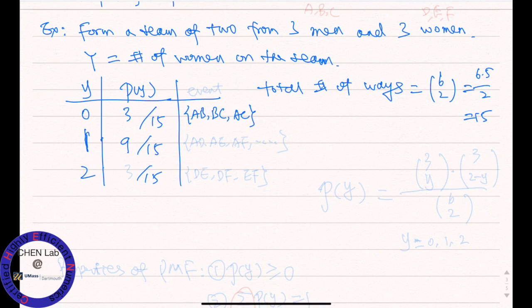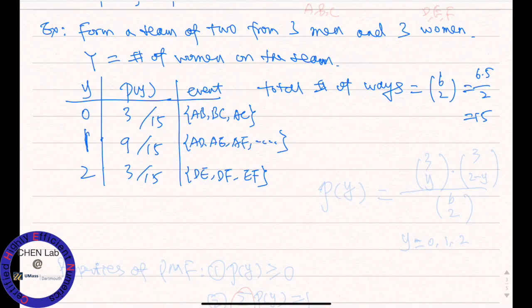And for 2, you want 2 ladies. That's 3 again, right? So you choose 3. You use D, E, F. There will be D, E, D, F, E, F for the corresponding event. For the other case there will be 9 different teams, so here would be like A, D, A, E, A, F, and so on and so forth.